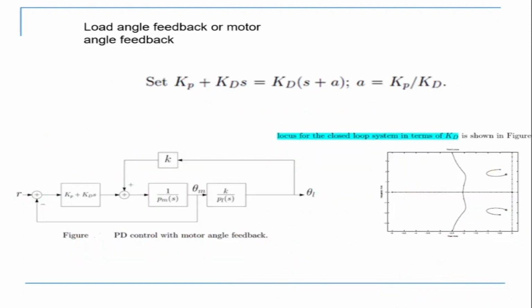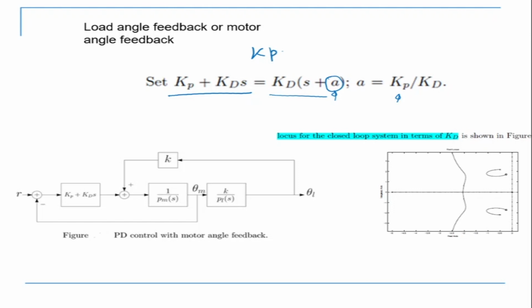Now I'm putting a PD controller first. This is my PD controller that I'm putting, and in the PD controller basically it is Kp plus Kd into S. If I take Kd common, I can write it as Kd into S plus A, for different values of A. What is A equal to? A is equal to Kp by Kd. Why am I doing this? Because there are two variables, right?